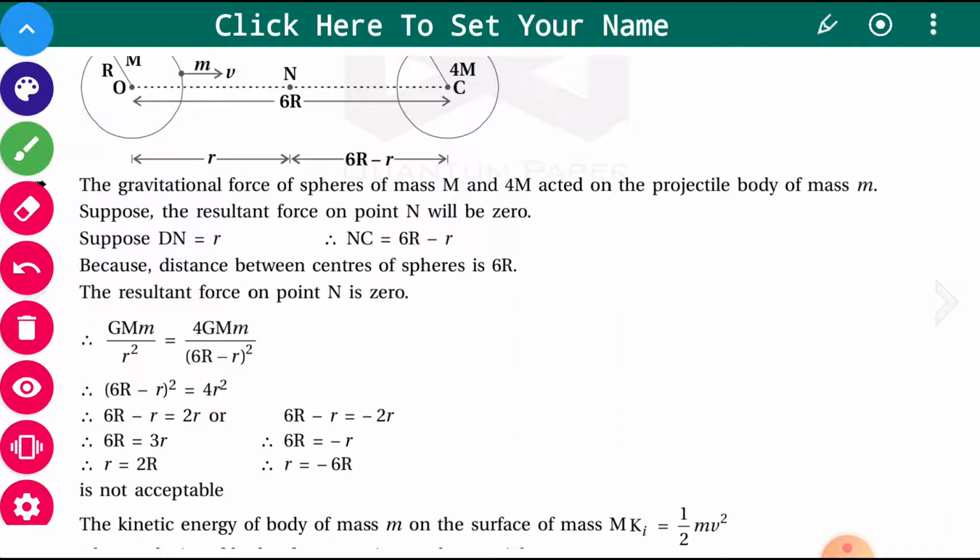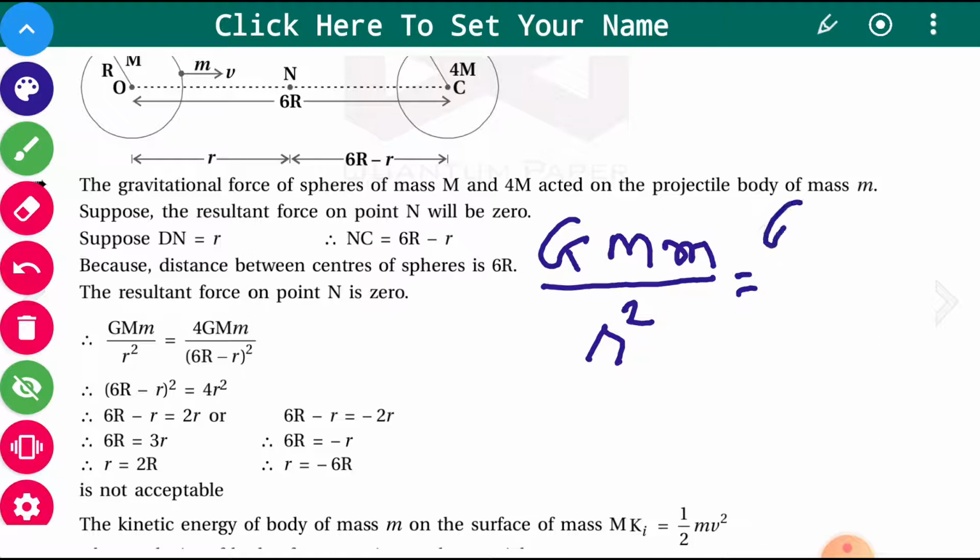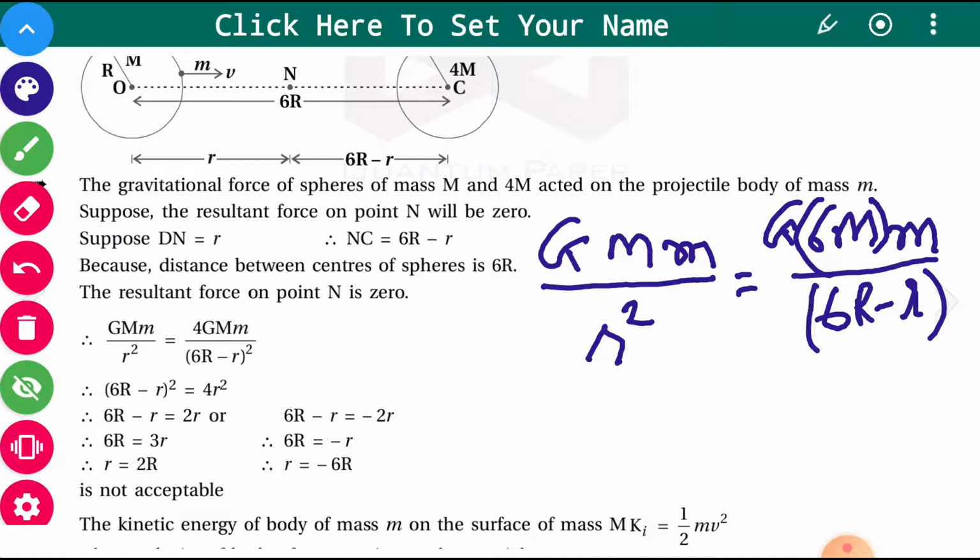You can easily do it because we only have to use Newton's law of gravitation, G m1 m2 upon r square. So G, first sphere m1 is m, the projectile m2, upon r square, is equal to G m1, second sphere, 6 times m, m2 upon the distance, that is 6r minus r the whole square.